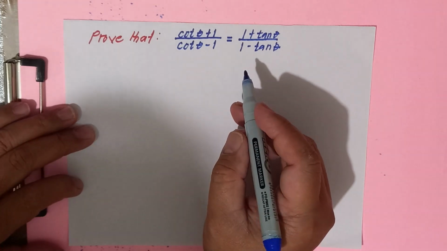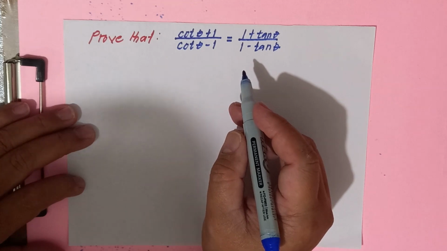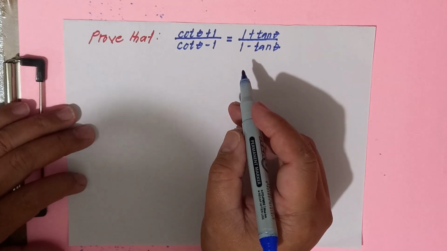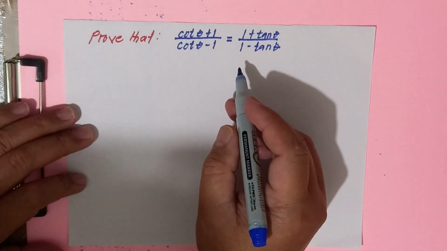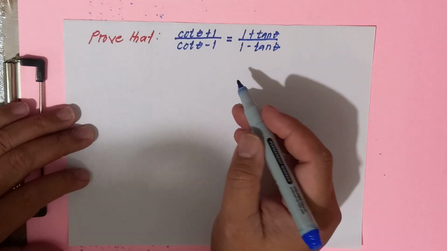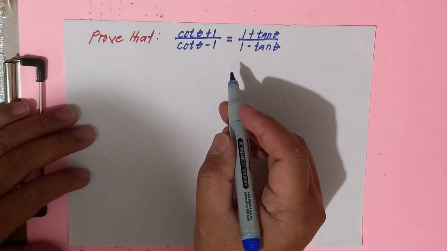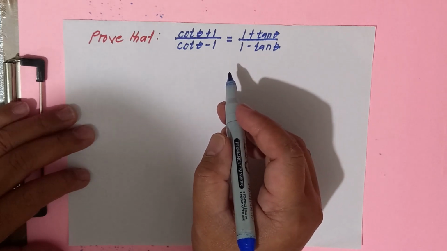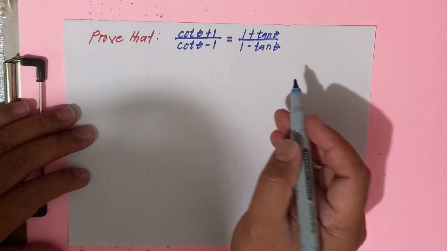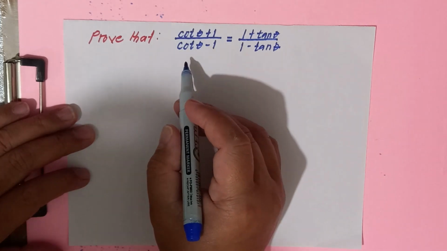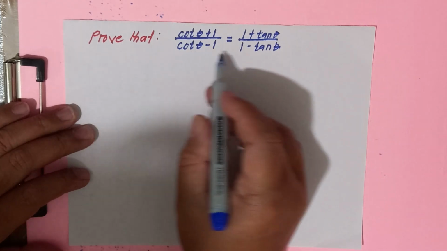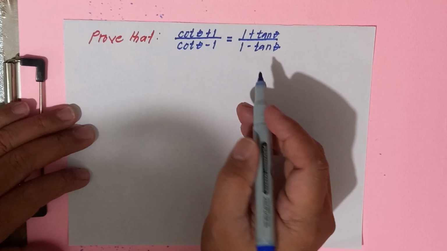balancing the trigonometric identities by using the idea of sine and cosine, or we equate this one in terms of sine and cosine. So in here, the method that we are going to use is the double-sided method, wherein we simultaneously simplify the left side and the right side.